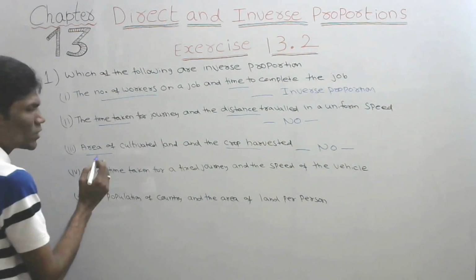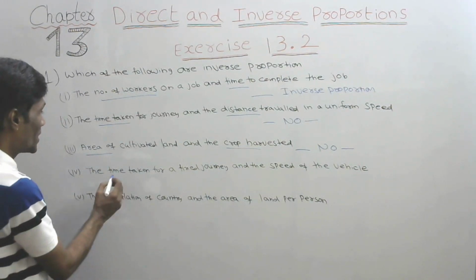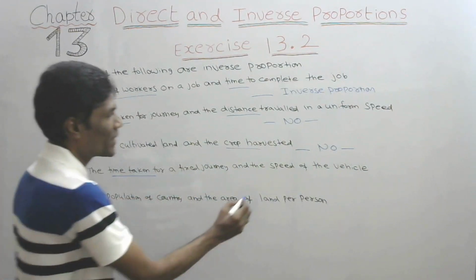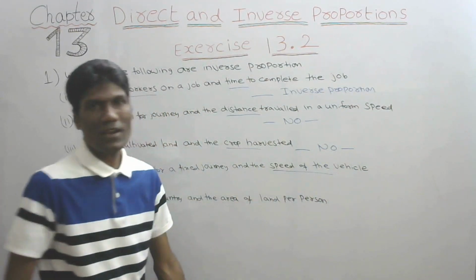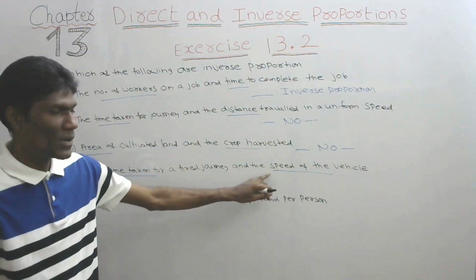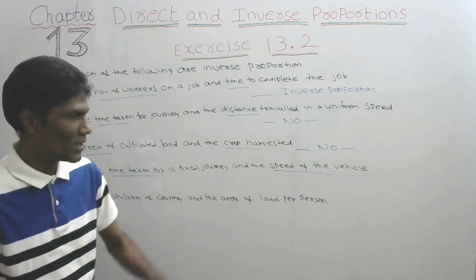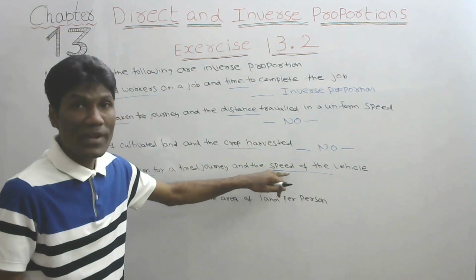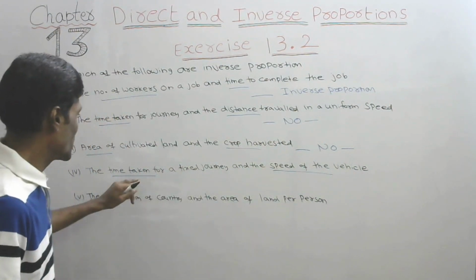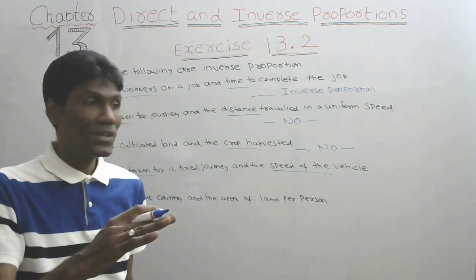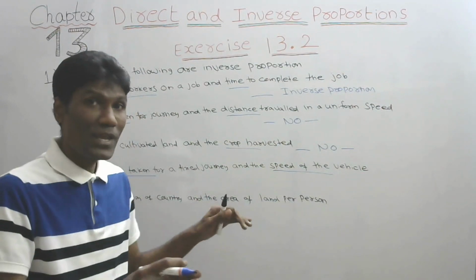Next, the fourth one. The time taken for a fixed journey and the speed of the vehicle. If one parameter is increased, what happens to the other? If the speed is increased, the time taken for the journey will decrease.